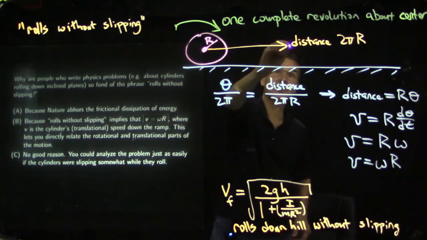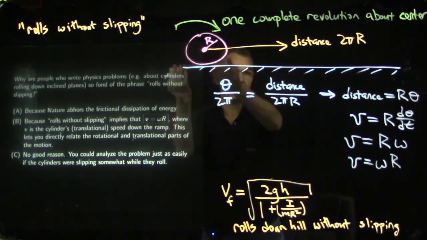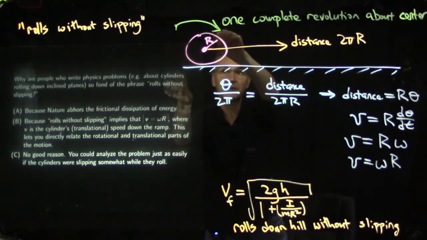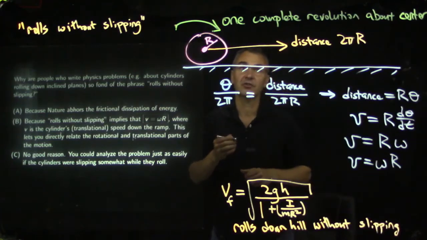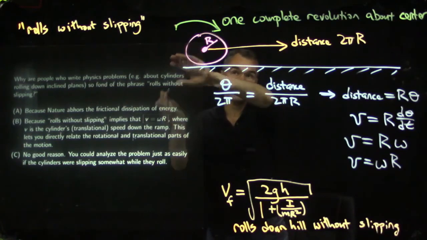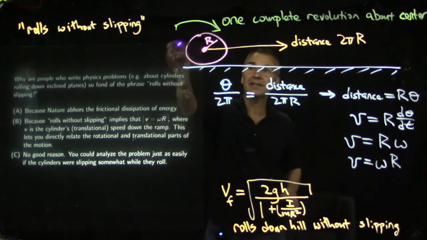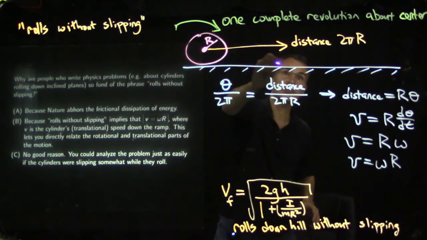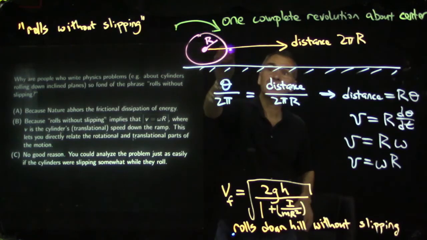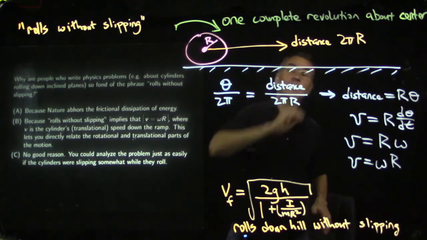I mean, if it slips, then there's no connection. But if it's really rolling without slipping, so there's no screeching sound, there's no sliding, like your bicycle wheel when you're not skidding, then if the wheel makes one complete revolution about the center, which is 2 pi radians, then the distance that it moves forward is one circumference, which is 2 pi r.